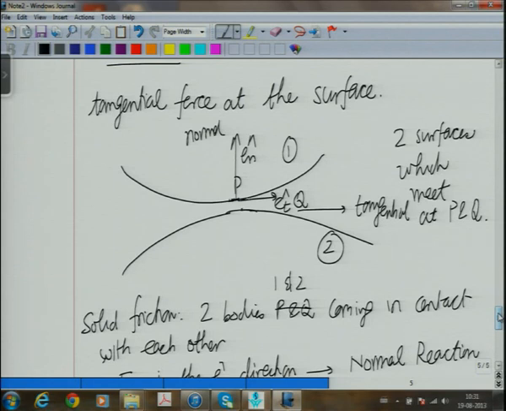First of all you realize if these bodies are in contact, then the velocities of P and Q have to be only along the ET direction. They will not be along EN, because if there is a velocity along the EN direction, either the bodies will penetrate or they will separate and the contact will not be there. So for the contact to be there, the velocity has to be only along ET.